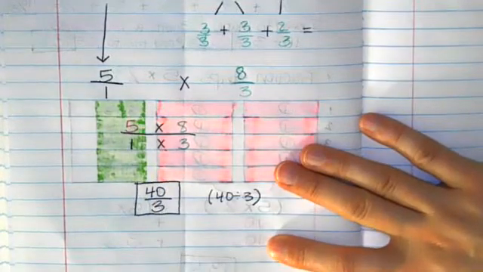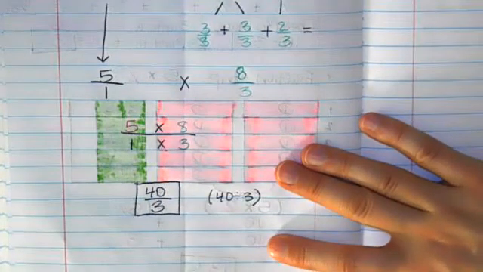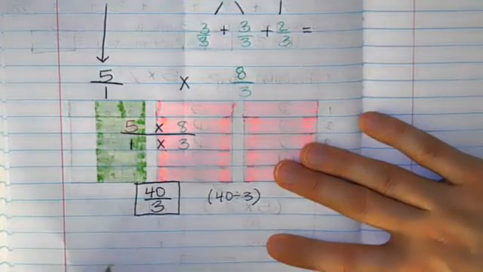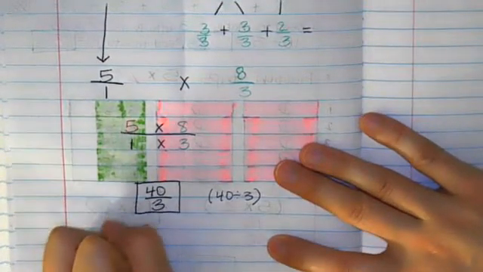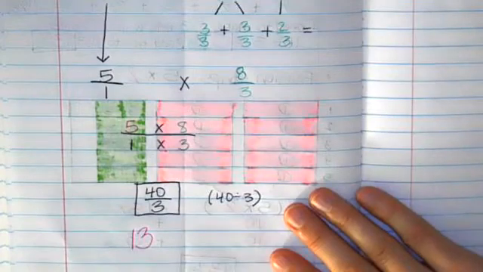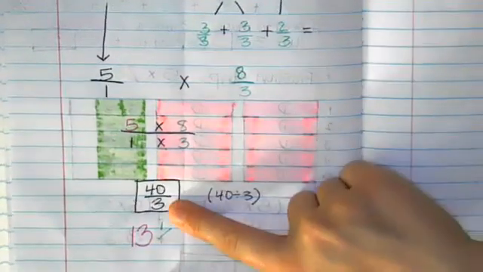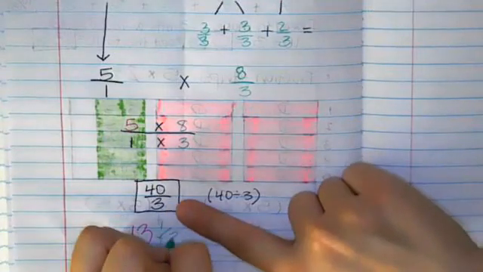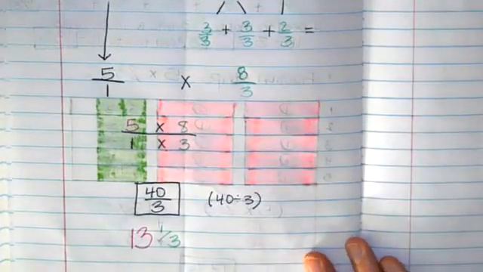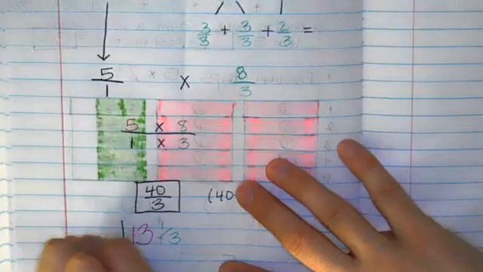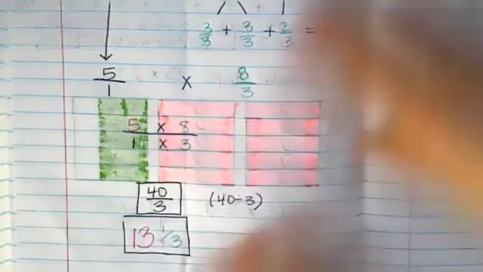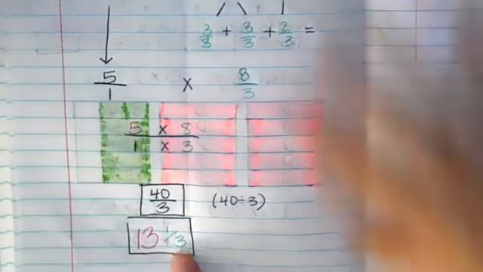And just for time's sake, I know that 3 goes into 40 13 whole times with 1 left over out of 3 groups. So my solution to the multiplication problem of 5 times 2 and 2/3 would be 13 and 1/3.